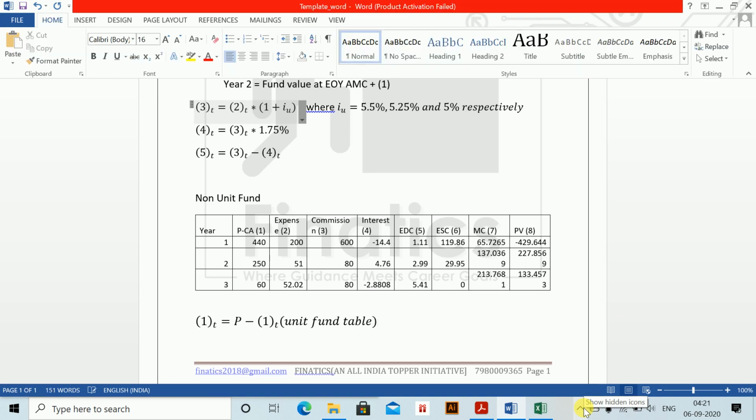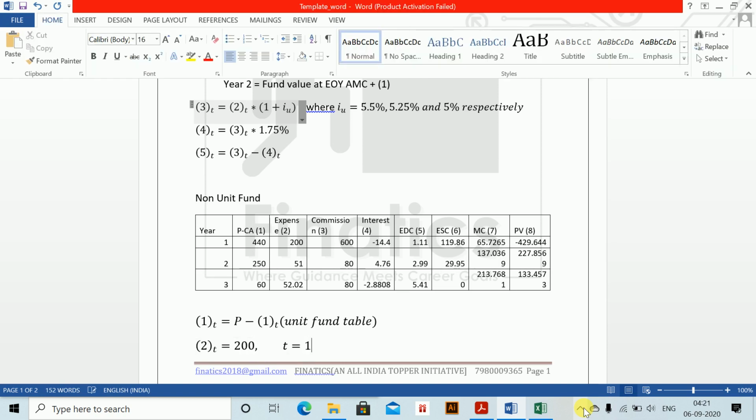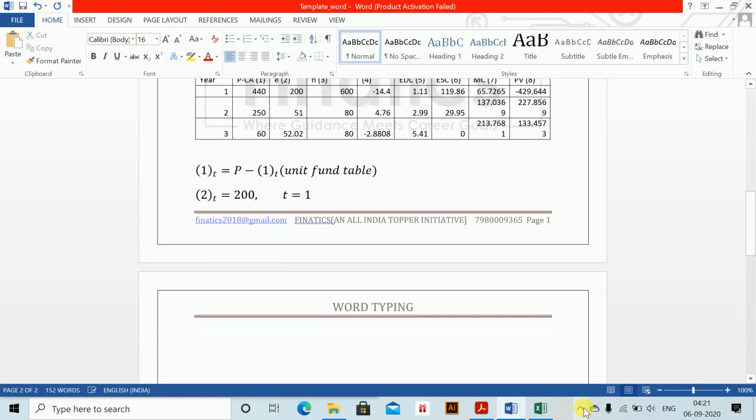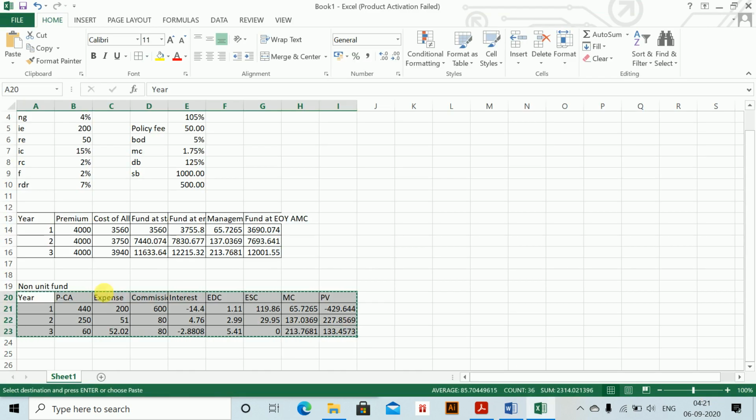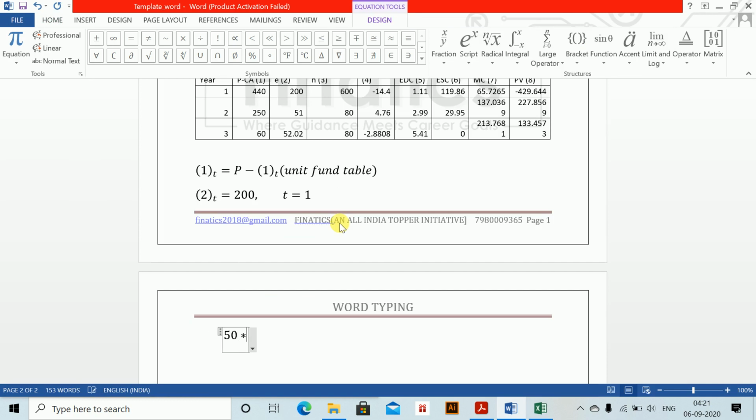Now next, 2_t is equal to 200 for t equal to 1, and for t equal to 2 and 3 it is renewal expense, which was 50, into 1 plus F, which was 0.1 plus 2%, to the power t minus 1.